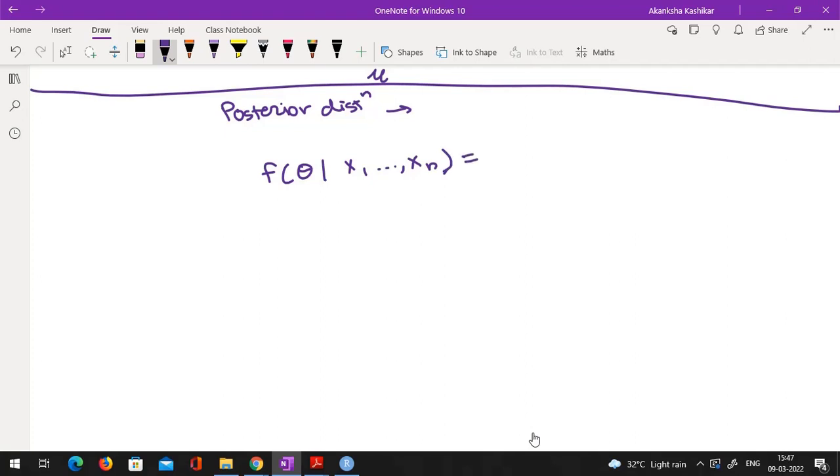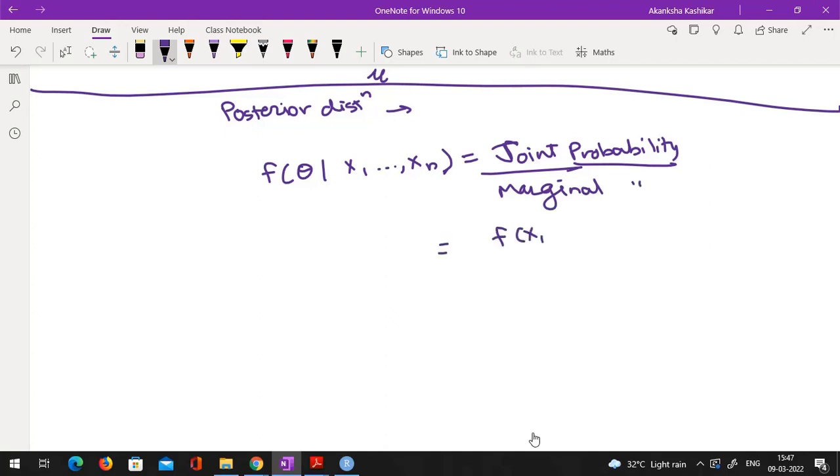So using your usual conditional probability, what can we say about this? This would become joint upon marginal. Conditional probability is joint probability upon marginal probability. Correct? So joint means what here and marginal means what?